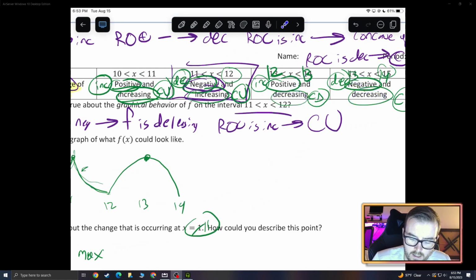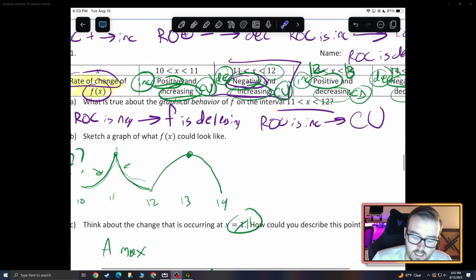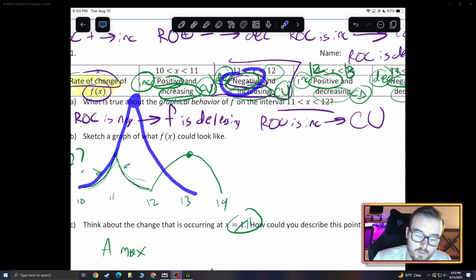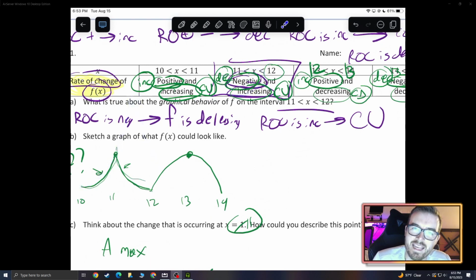Okay, what's so significant about these being different? Because the rate of change is going from positive, which means it's increasing, to negative, which means it's decreasing. So logically, this has to be the highest point, right? If you were going up, and then all of a sudden it told you to go down, down, down, down, well, then wherever you just were is going to be a peak.